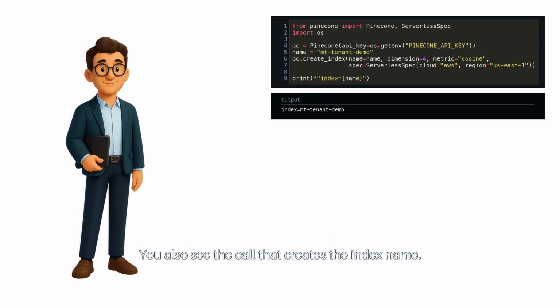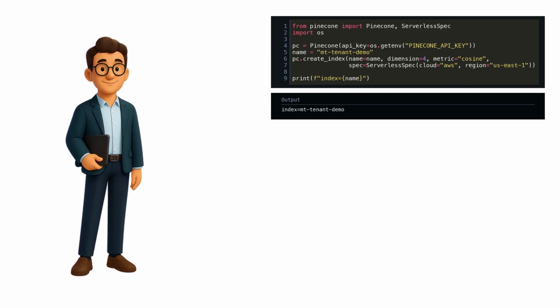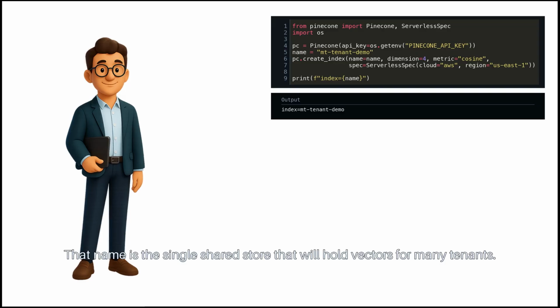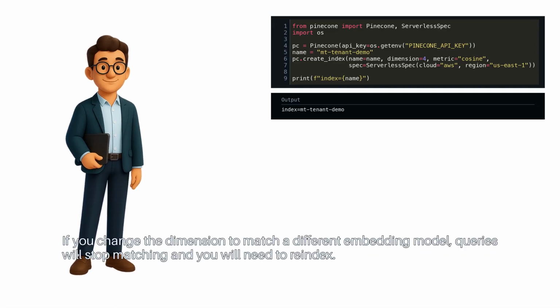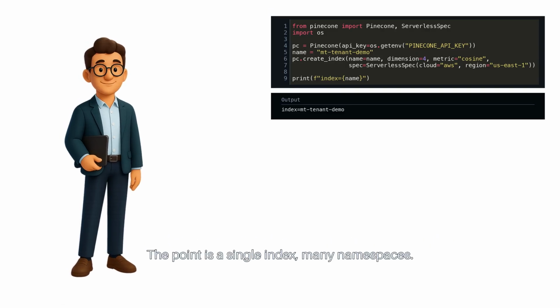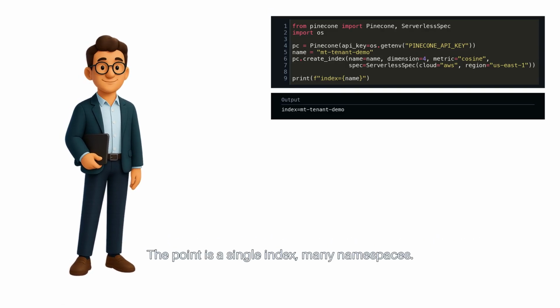You also see the call that creates the index name. That name is the single shared store that will hold vectors for many tenants. If you change the dimension to match a different embedding model, queries will stop matching and you will need to re-index. The point is a single index, many namespaces.